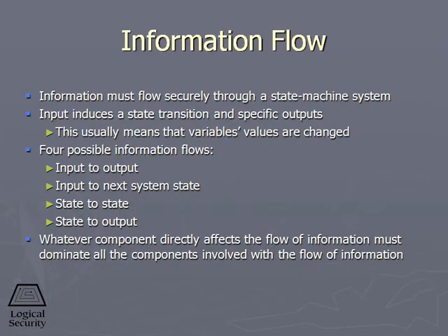A second model that is considered foundational to the majority of these other academic models is the information flow model. And the very top bullet on this slide tells us that information must flow securely through a state machine. In other words, as it's transitioning from one state to another state, it will remain secure. See, the state machine said as we're at this state or that state, we'll be secure. What about the in-betweens?